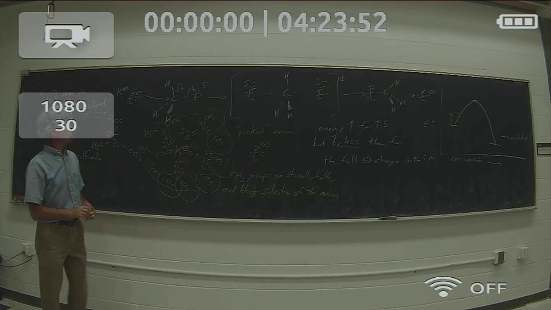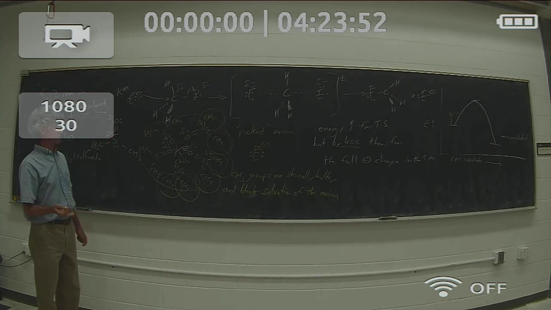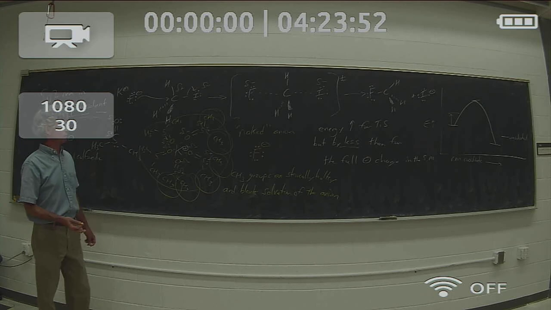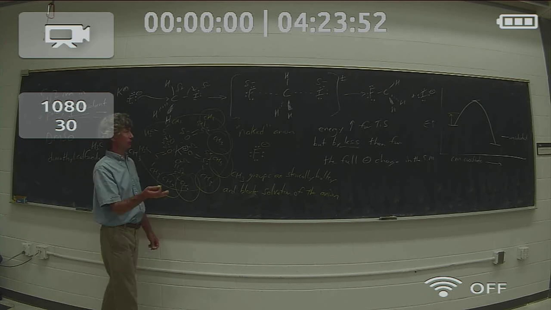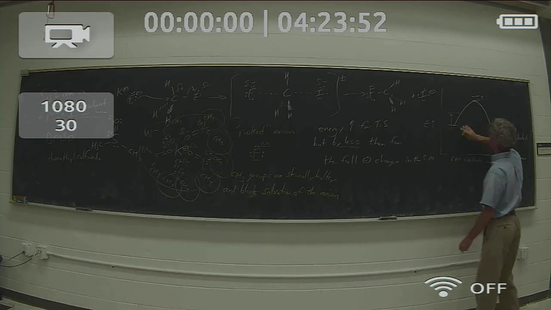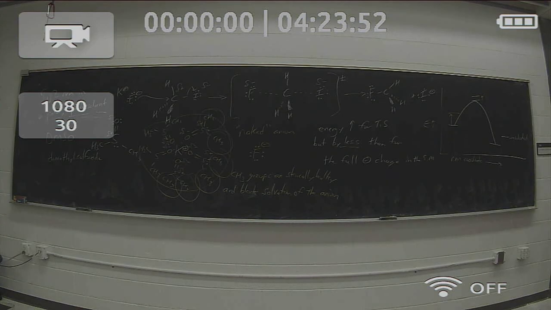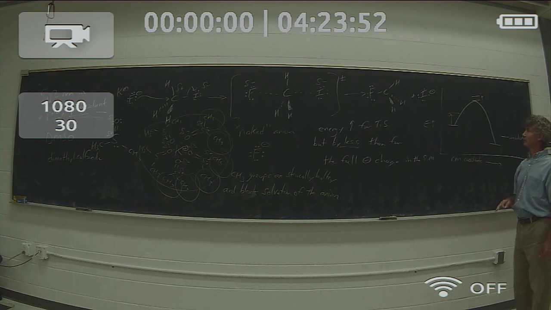Because of Coulomb's law, a partial negative charge is going to be less unstable and less influenced by the ion-dipole force than the full negative charge. It doesn't rise by as much as it did for the starting material.